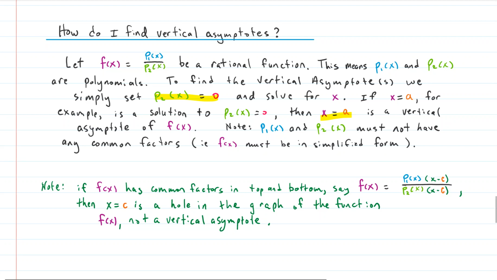Really, that common factor is going to cancel out and go away. And then you'll go back and look for vertical asymptotes. But there's something interesting about that common factor, x minus c. If you set it equal to 0 and solve, you get x equals c. And at x equals c, you actually have a hole in your graph.